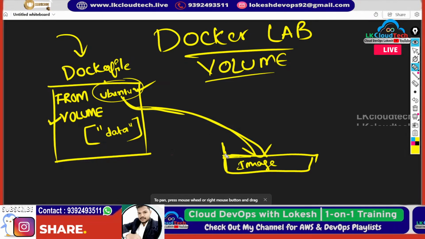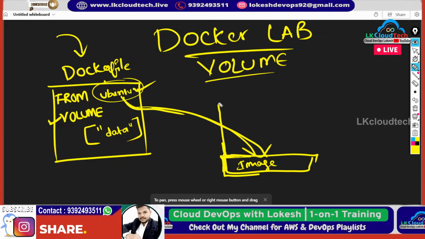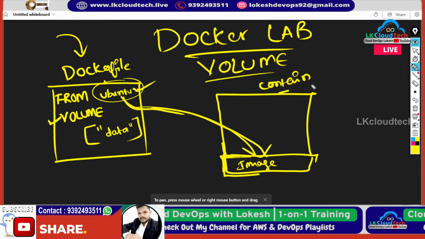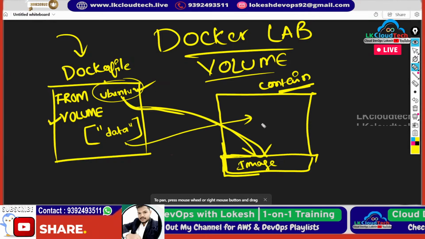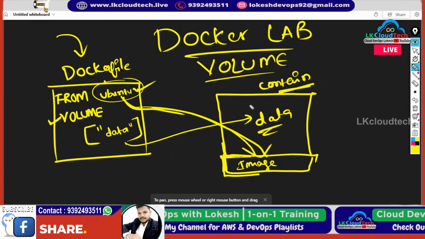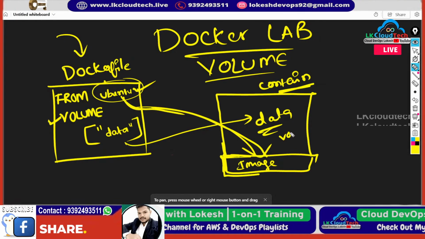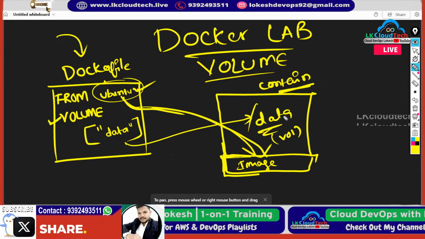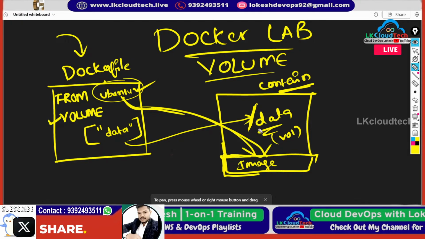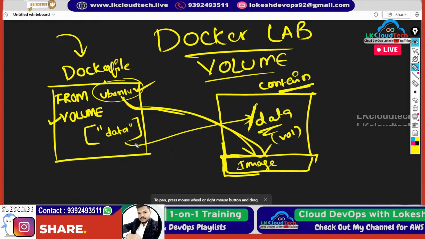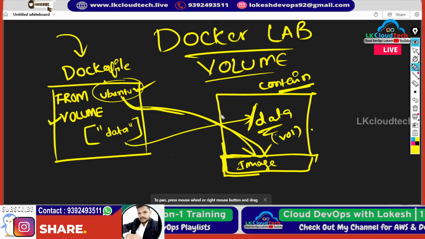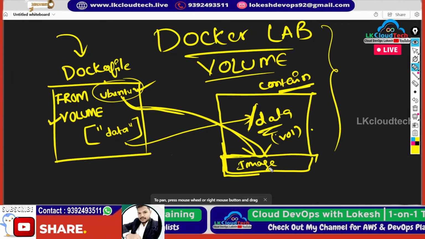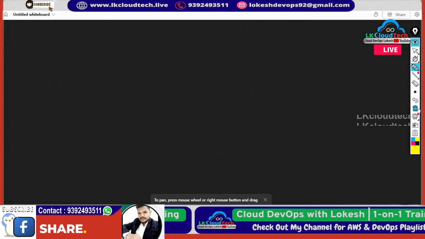You never get anything on top of the image, but once you create a container, whatever data files are there, you can see here. On top of the root directory, along with it we are going to get a data directory as a volume. This exercise we will do.